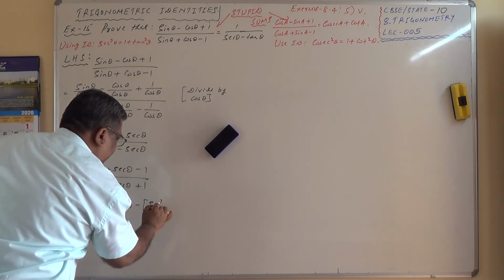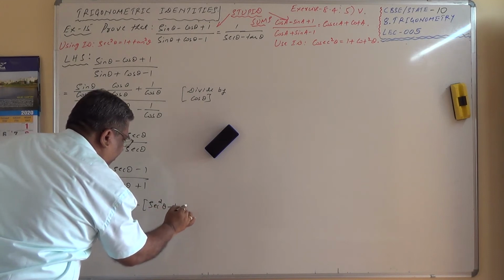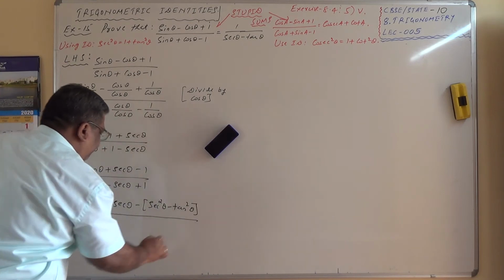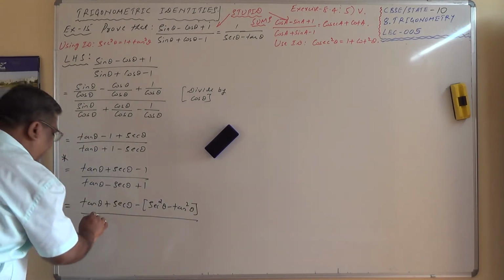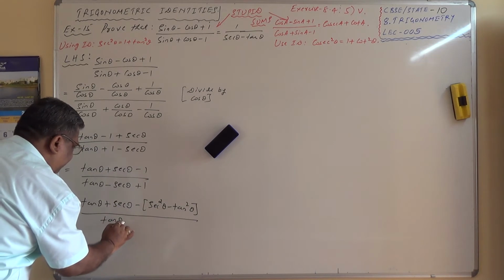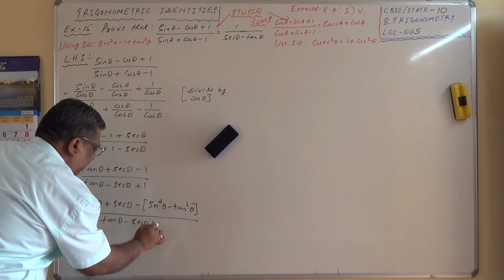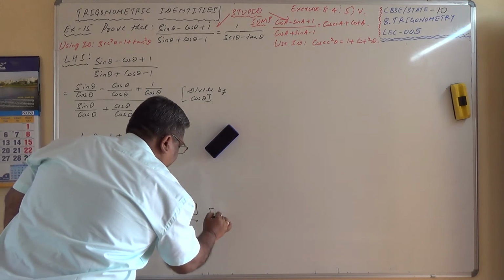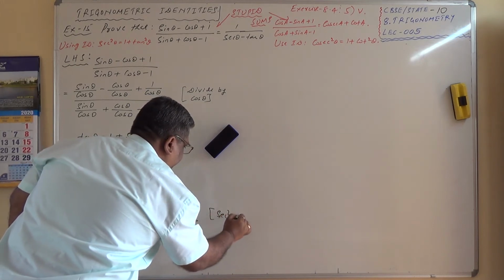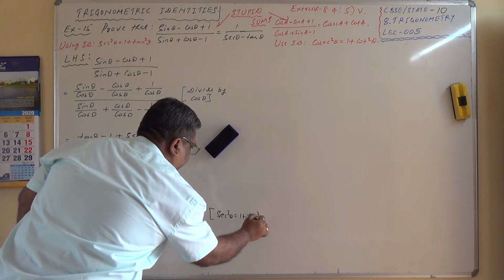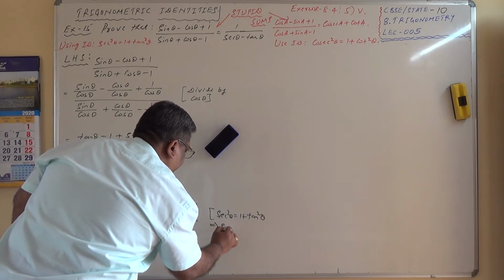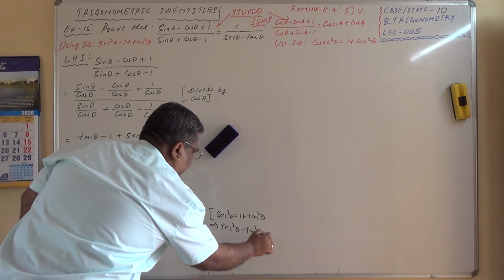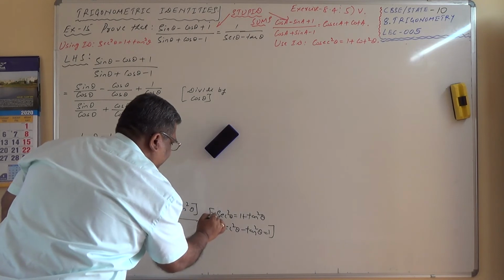The whole divided by, do not change the denominator, keep it as it is, tan theta minus sec theta plus 1. Reason: sec square theta equals 1 plus tan square theta, which implies sec square theta minus tan square theta equals 1. This is the reason here.